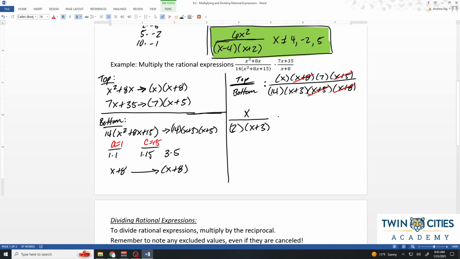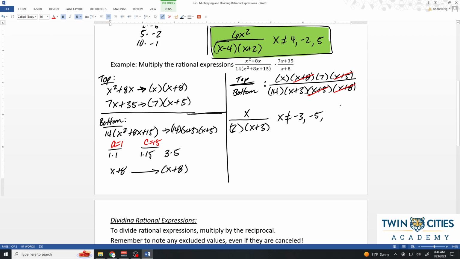But I also have to say x cannot be a few things. What would make my denominator 0? Well, if x was negative 3, plus 3 would be 0, so x cannot be negative 3. For x plus 5, x cannot be negative 5.